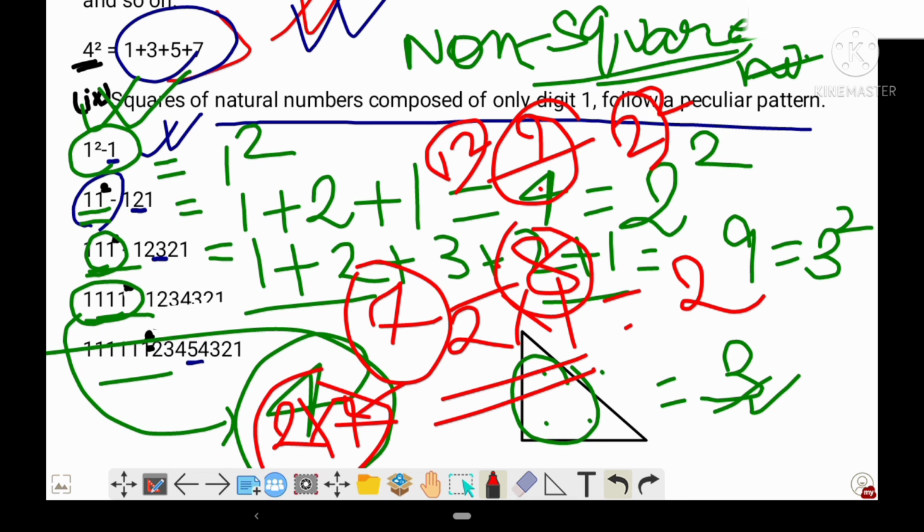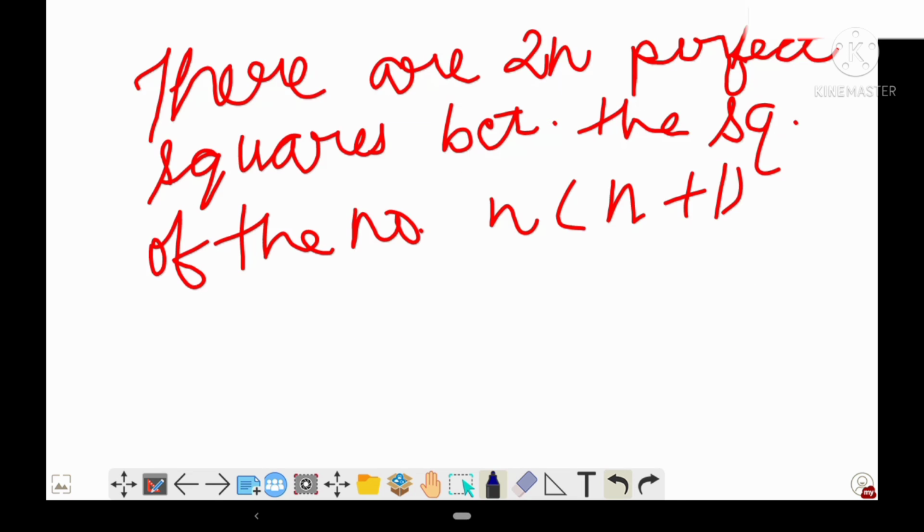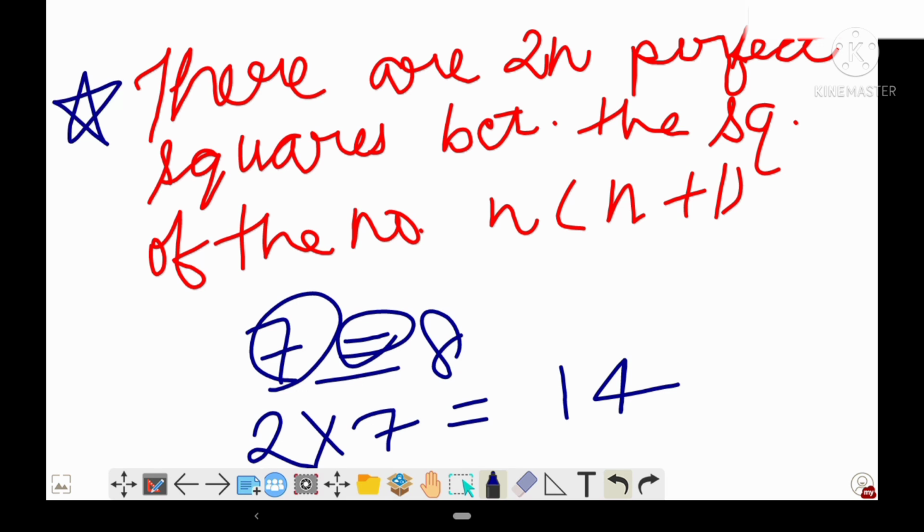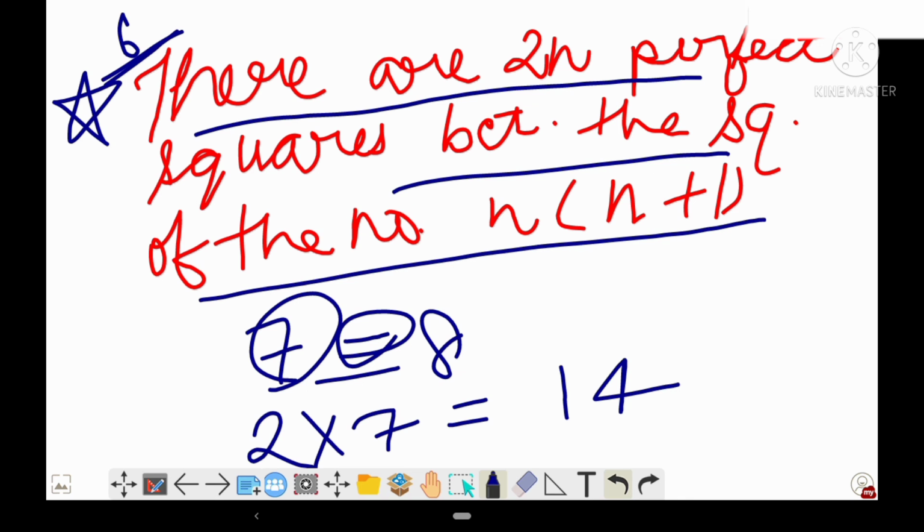All the concepts must have been cleared, and on the next page where worksheet 1 starts, it has already been given. Let me write here. So students, as I have told, the first number, between 7 and 8, the multiple of 2 into 7 will be the number lying between them, the non-square numbers. The same thing has been written in your book, page number 6. There are 2n non-perfect squares between the squares of the numbers n and n plus 1.